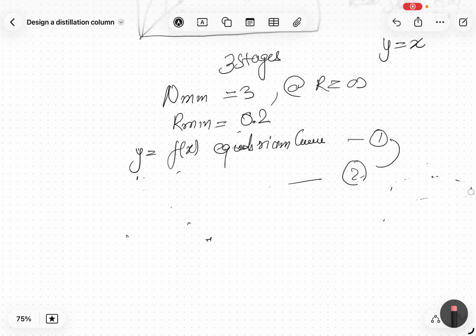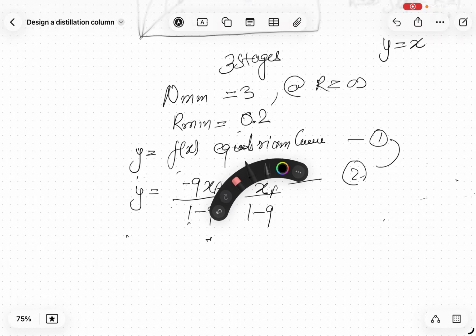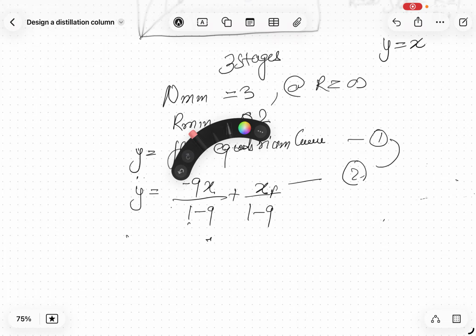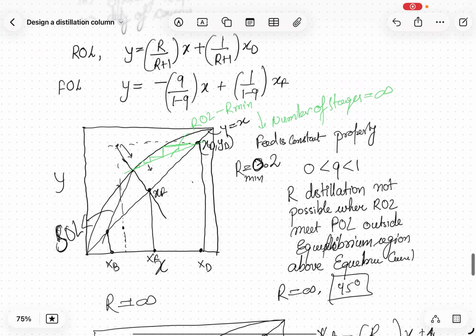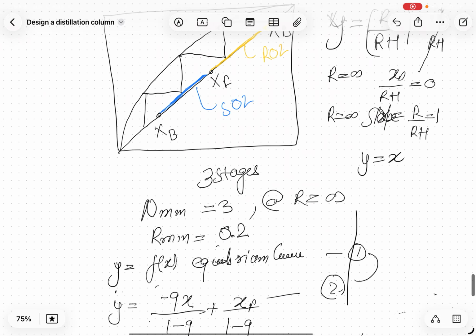You know the feed line, y = -q/(1-q) x + xF/(1-q). Sorry, this is x; this is the operating line of the feeding section.